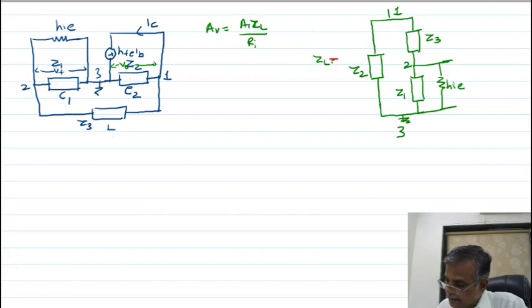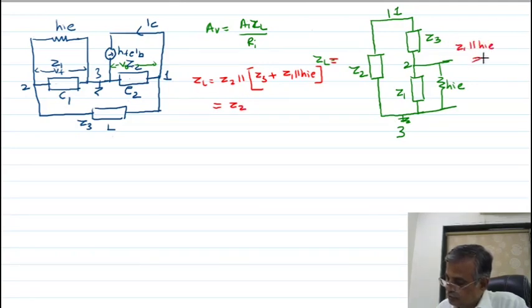So ZL is Z2 in parallel with Z3 plus Z1 in parallel with hie. If I write Z1 parallel hie as Z1 dash, then I can write ZL as Z2 times Z3 plus Z1 dash, upon Z2 plus Z3 plus Z1 dash.